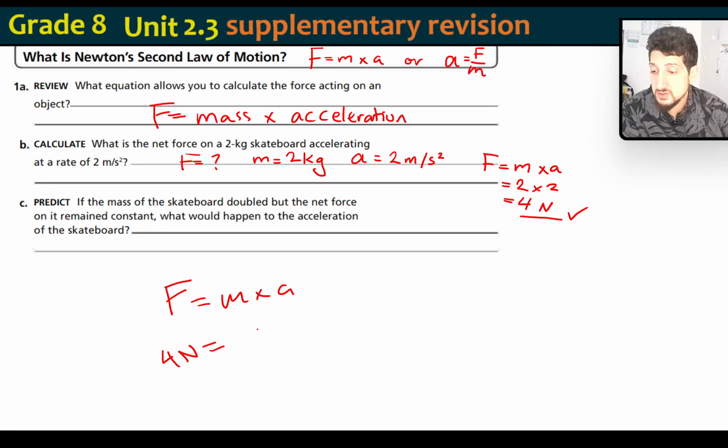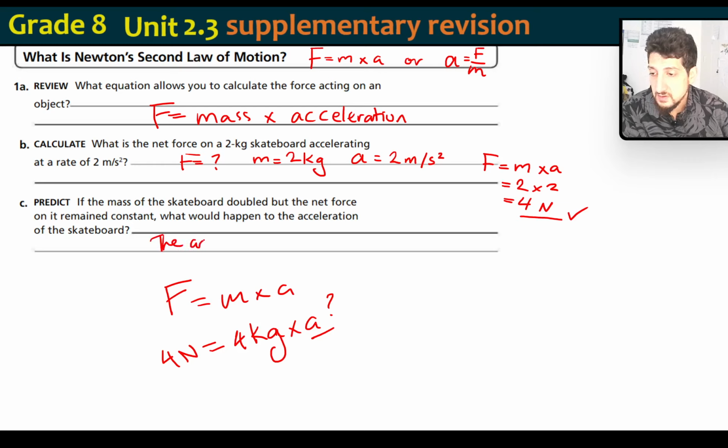The mass is doubled. So the mass is no longer 2 kilograms, but it's 4 kilograms. Then what is the acceleration? Then the acceleration equals 1, clearly. So obviously, if mass is doubled, the acceleration will be halved.